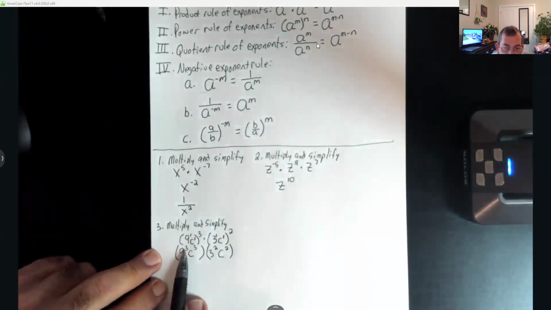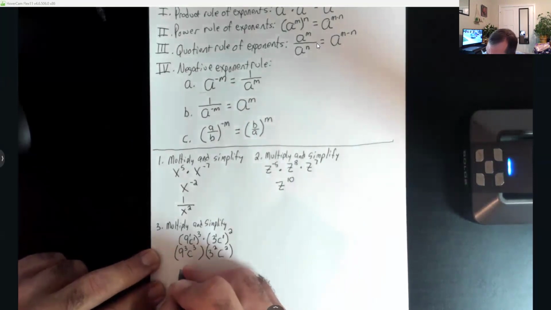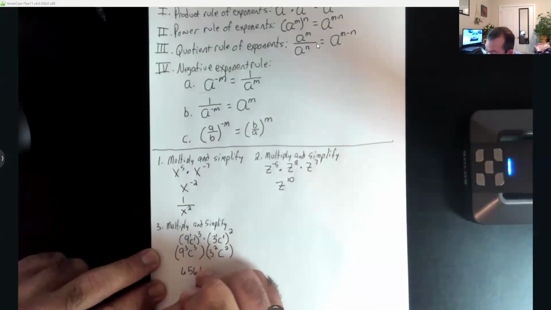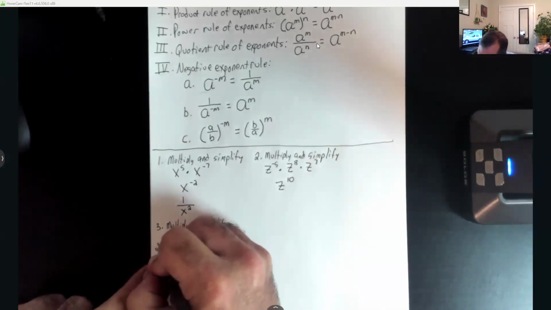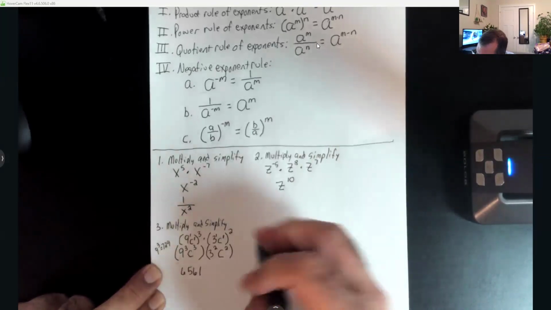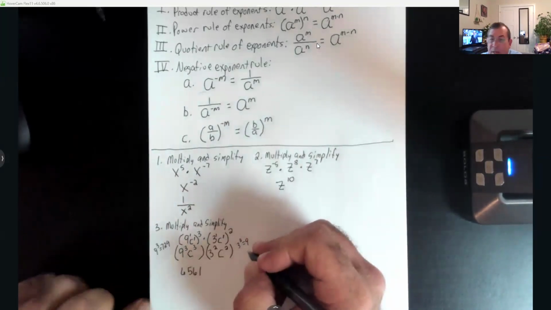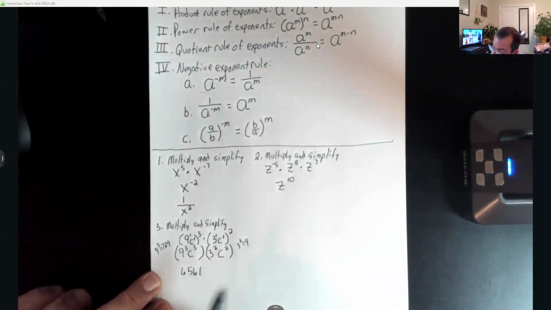So I got 729 times 9. That's going to give me 6,561. So y'all let me write that here. So 9 to the third equals 729. And over here, 3 squared equals 9. So those multiplied to give me the 6561.